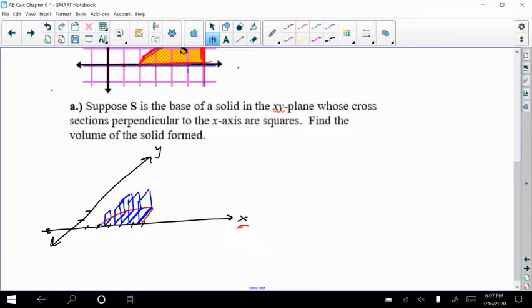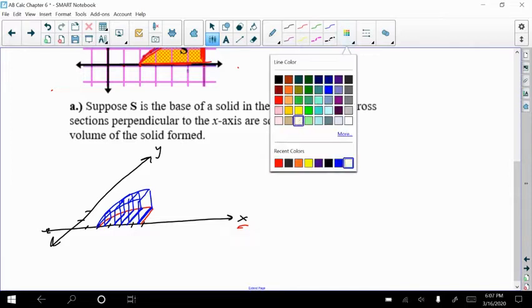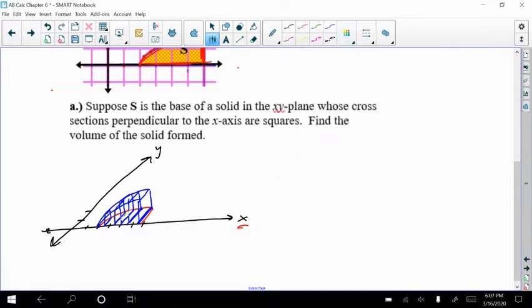Okay. Now, you don't necessarily have to create such an in-depth or detailed image here. What you really need is just to focus on one particular square, one particular slice, like maybe this one right here.